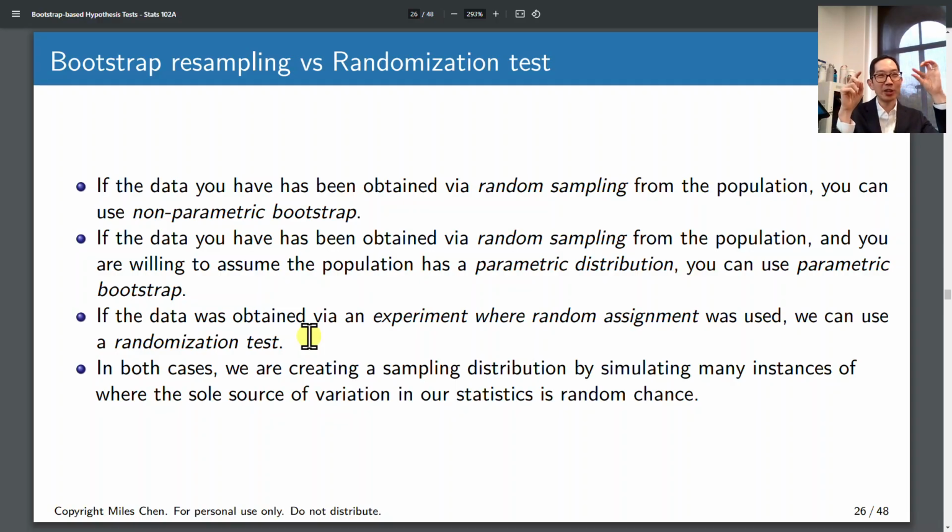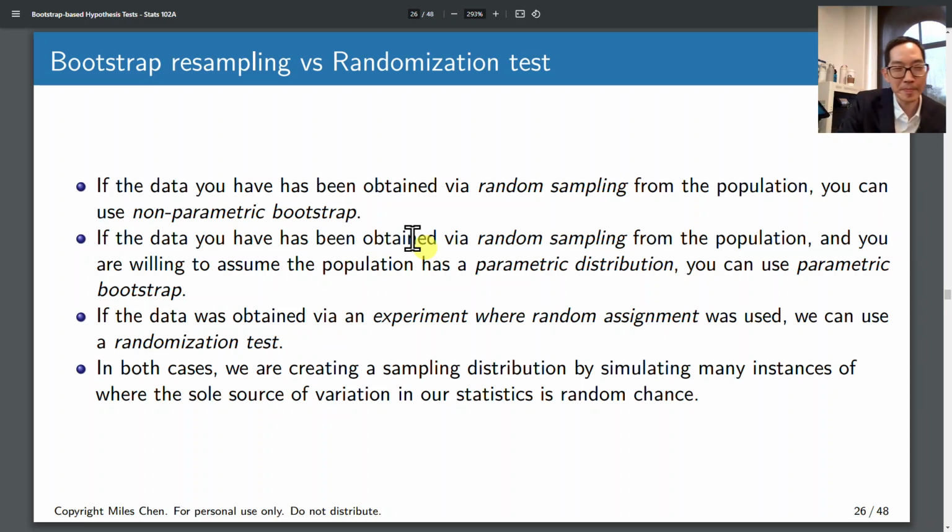At a practical level, it's just one difference in your line of code. In R, when you call sample, for a randomization test, you do replace equals false, or you just leave it off, because the default value is replace as false. In bootstrap, you have replace equals true, which resamples with replacement. That's the practical level. Now, the implications theoretically are quite a bit different, though.